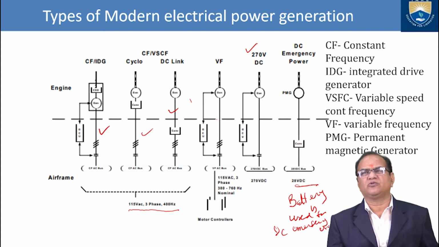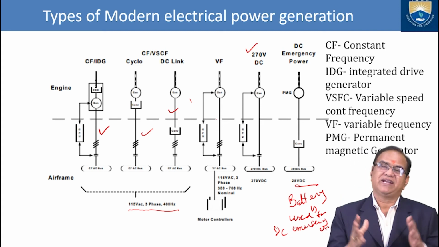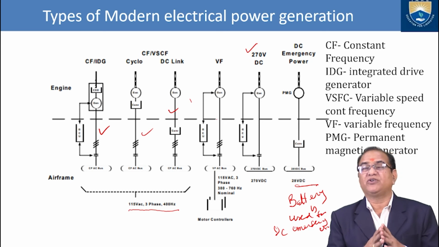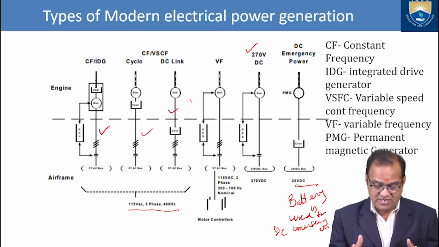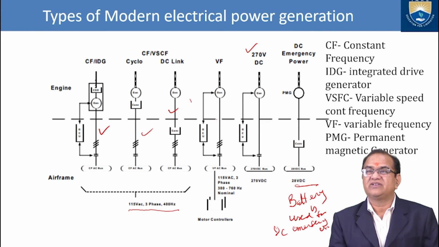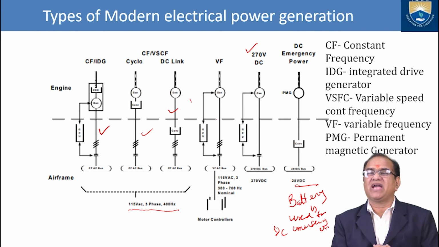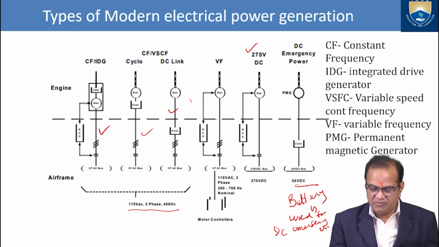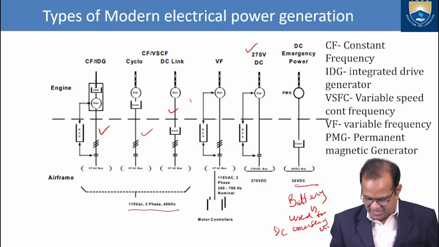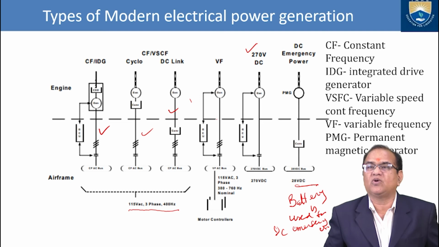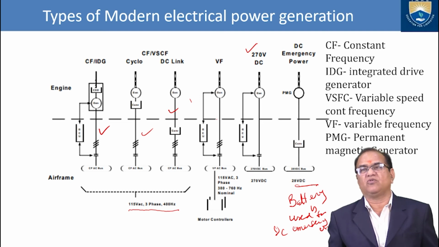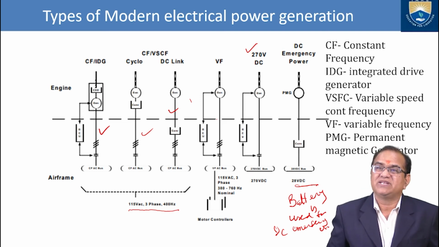So we have to see that the battery is also used, 28 volt DC is also used, and in this we are using the generator. Generator is making, but battery we have PMG, which is called permanent magnet generator. This provides 28 volt DC only for emergency purposes.